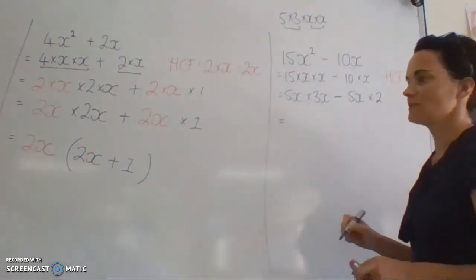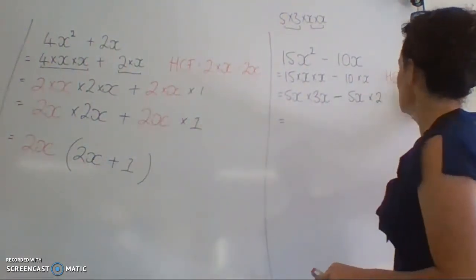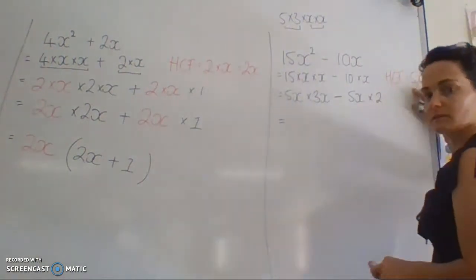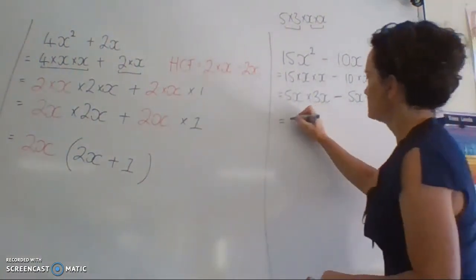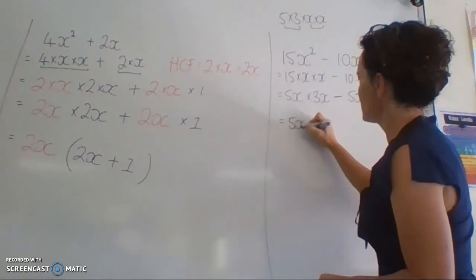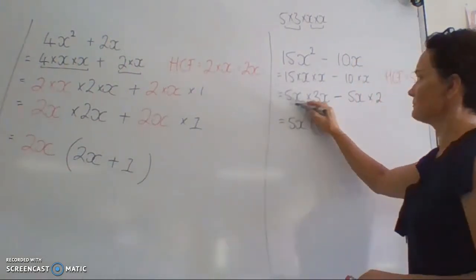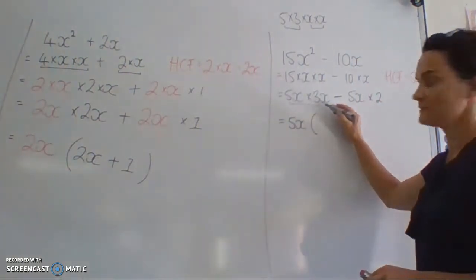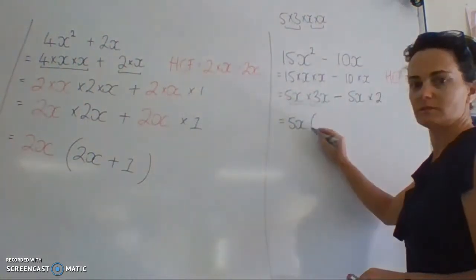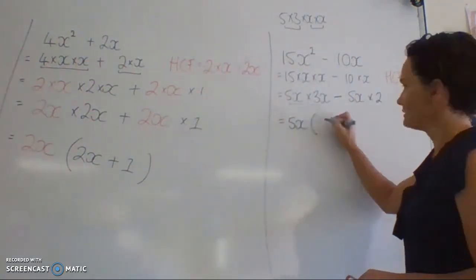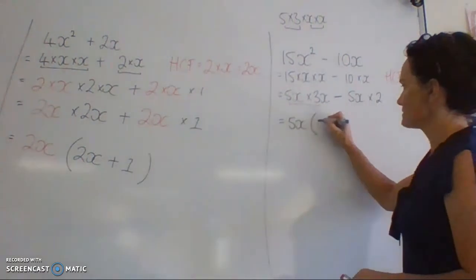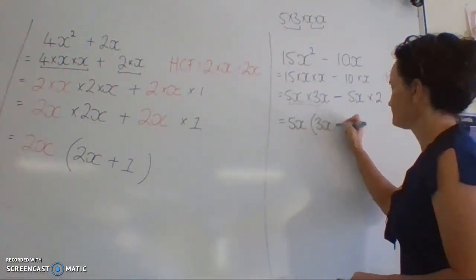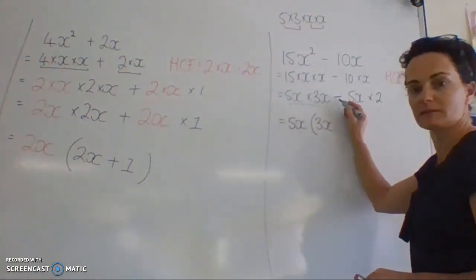Step 3, remember, is rewriting it with the HCF outside. The HCF was 5x, okay, which you've written over here. So 5x goes outside the brackets. In this term here, the 3x is all that's left. This is times. Times is here, remember? 5x times what? 5x times 3x. What goes next?